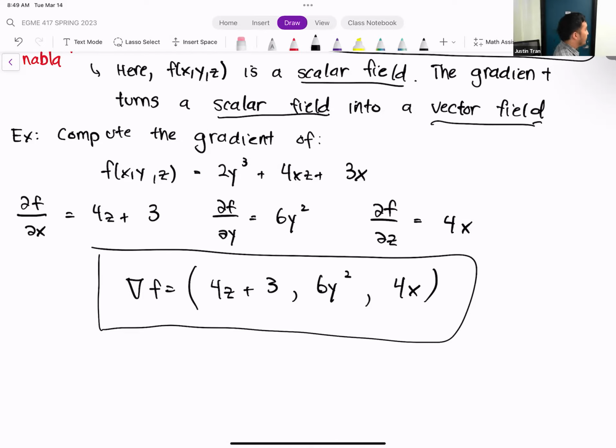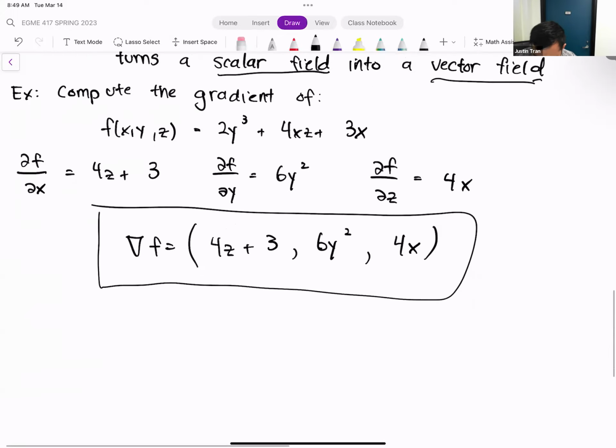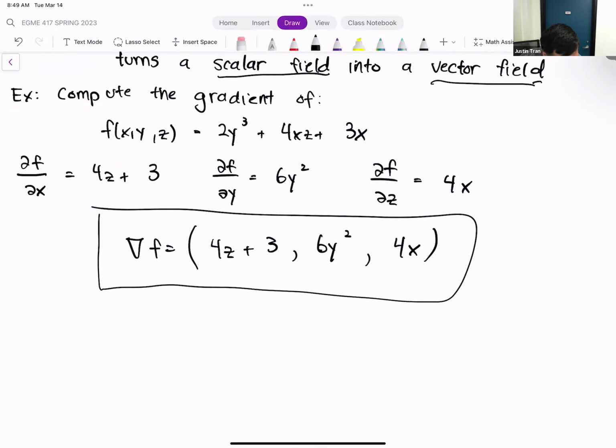That's a gradient. The gradient has a lot of really interesting and cool uses in applied math and engineering. Okay. So we're going to talk about two main uses for the gradient and their physical interpretations. So the first is called the directional derivative.